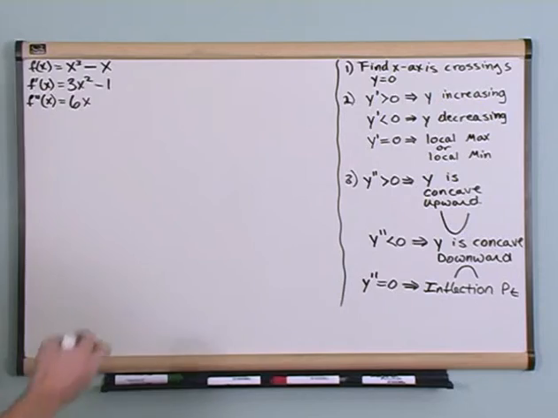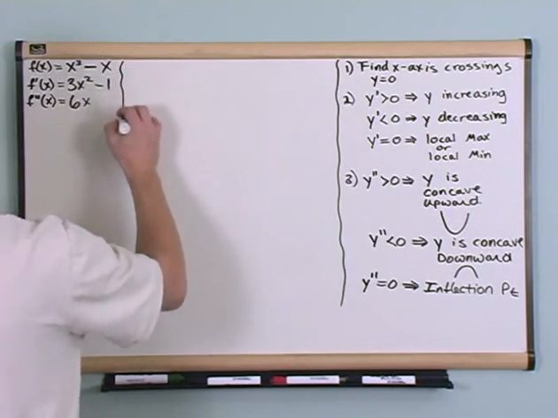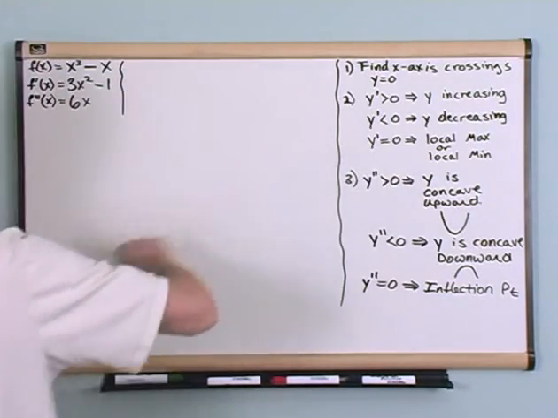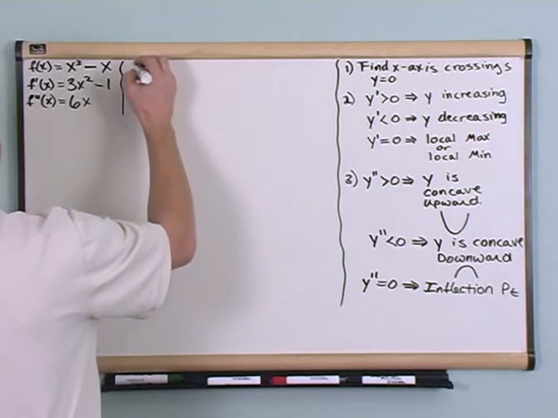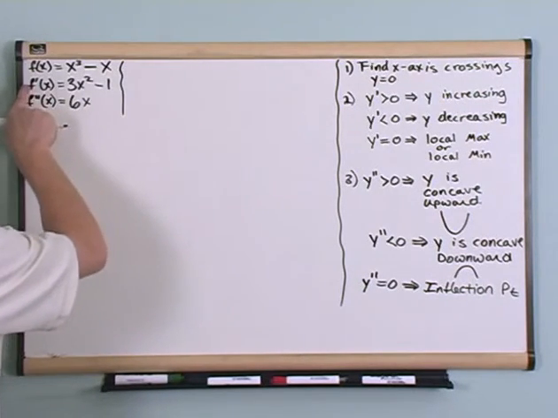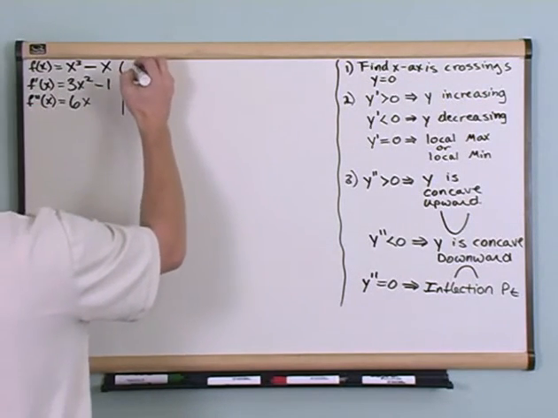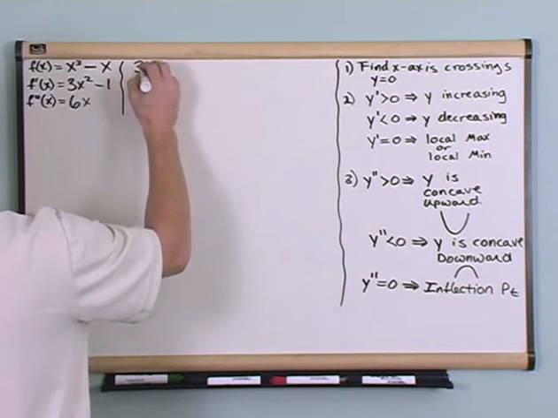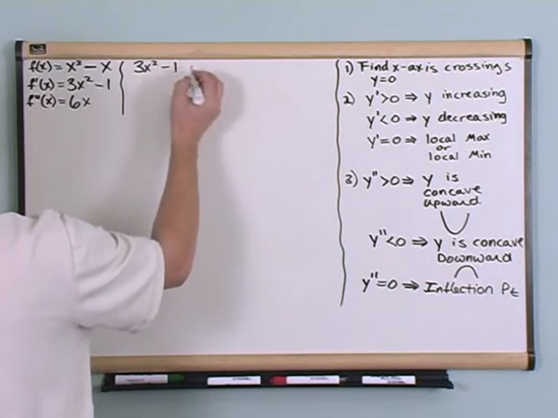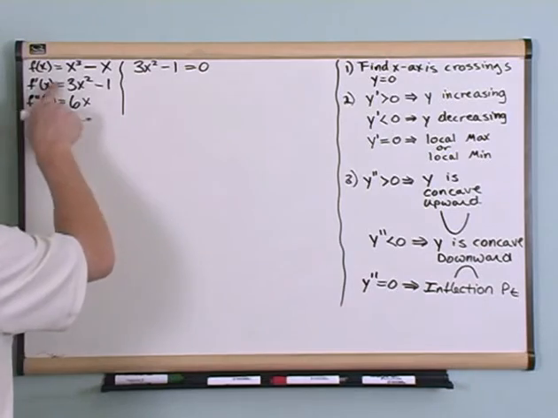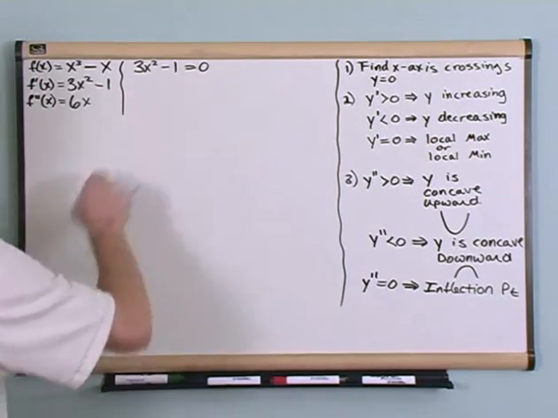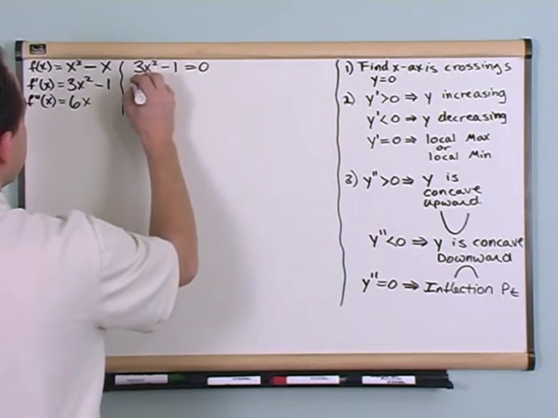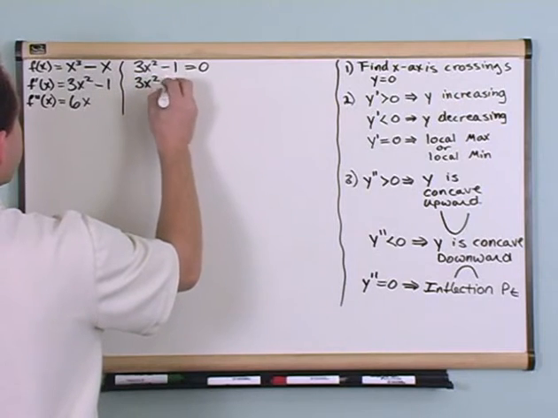Now, let's find out where there's a local maxima or a local minima. So what I need to do is set the derivative equal to 0. So if I take 3x squared minus 1 and set it equal to 0, which is the derivative here, let's solve for this. 3x squared is equal to 1.